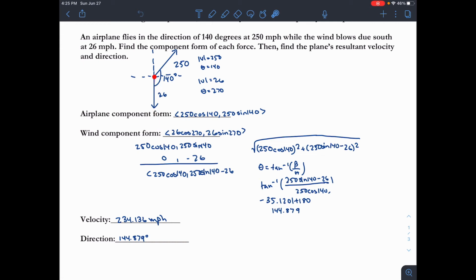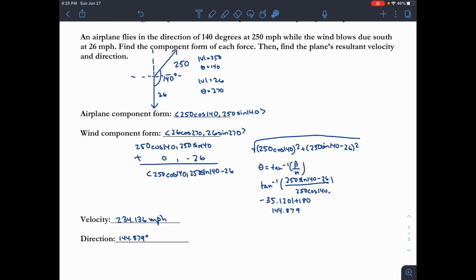So we have 0, we go down negative 26, so this is 0, negative 26, and then we add this. So what we have is 250 cosine 140, 250 sine 140, and then we add these two, and then 0, negative 26. Adding 0 would do nothing, it would still stay the same. But for 250 sine 140 minus 26, we would just write it as that.